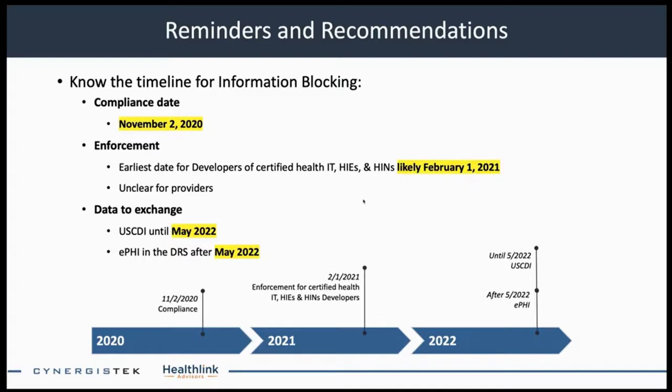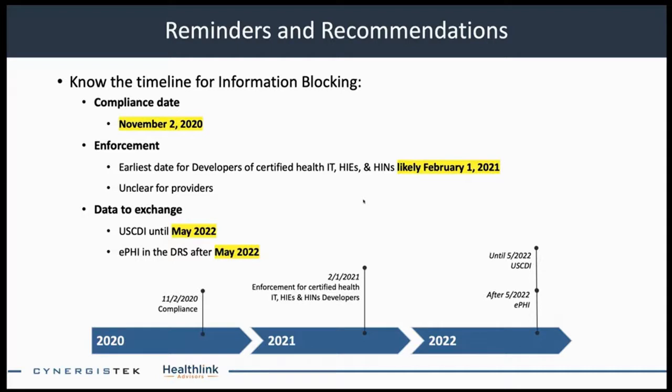For the health IT developers, HIEs and HINs, it is likely going to be November 1st of next year or sometime beyond that. For providers, remember, we still don't even have proposed regulations for the disincentives. And so until those regulations are promulgated, it's not likely to have strong enforcement against providers. But that doesn't change your compliance requirements.